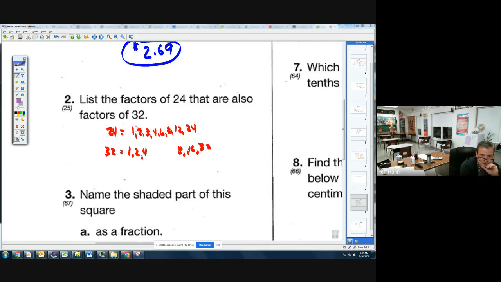They have 1s in common. They have 2s in common. They have 4s in common. They have 8s in common. And that looks like it's it. So 1, 2, 4, and 8 are the ones that they have in common.